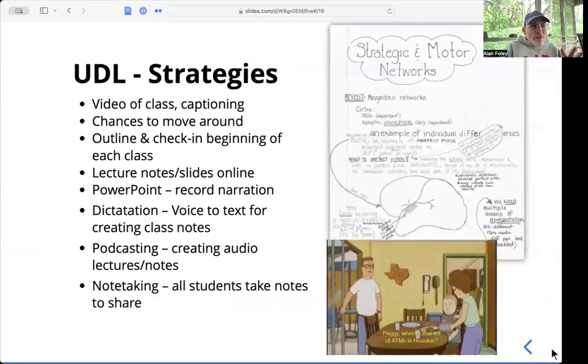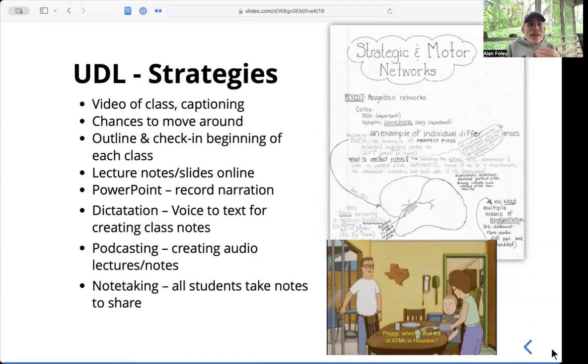Now, I want to make a distinction here, and I don't have a slide about it, but I do want to say that universal design for learning is not multiple intelligences. This is not learner preferences. And so I don't want to hear people saying like, well, you know, people are an auditory learner, or, I'm a kinesthetic learner.